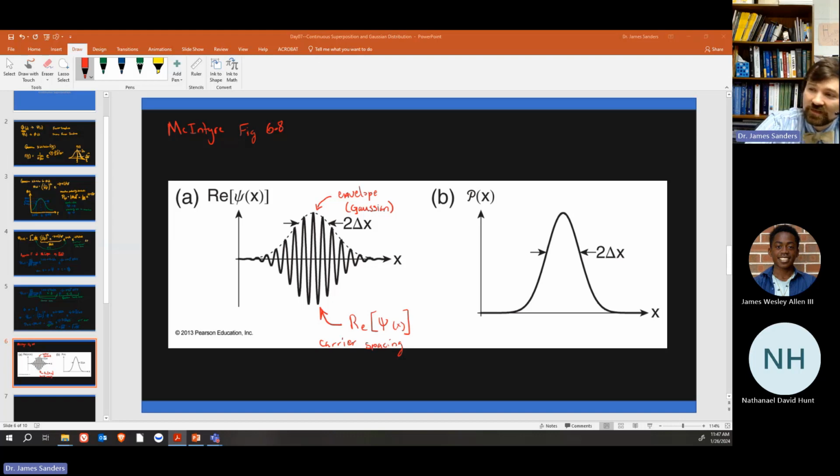This is kind of a logical stopping place, even though we're a little early today. It's a logical stopping place for the notes. The next thing that we would do is discuss expectation values and then uncertainty principles and so on.